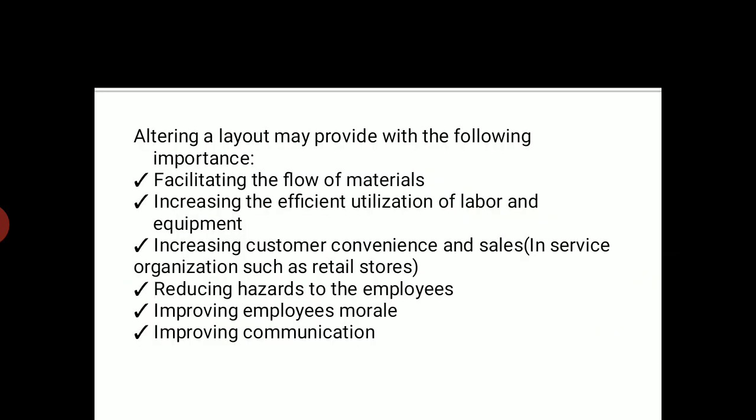There is one point related to existing and the other one is altering, meaning when you want to change the layout: when the flow of material should be very easy, when you want to increase the efficient utilization of labor and equipment, when you want customer convenience in places where services are involved, when you want to reduce the hazards of the employees, increase the morale, or communicate properly, all these alterations may be done in the layout.